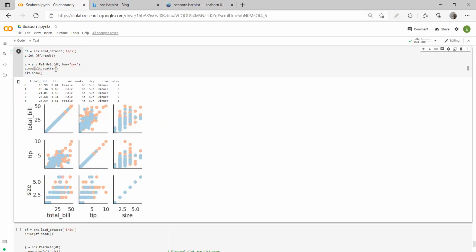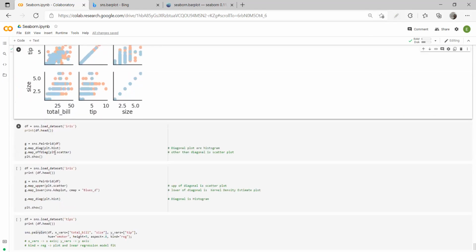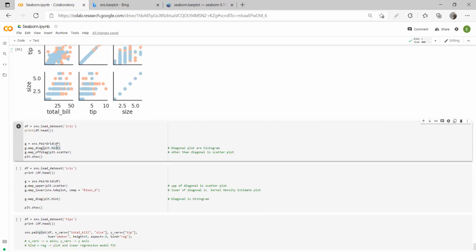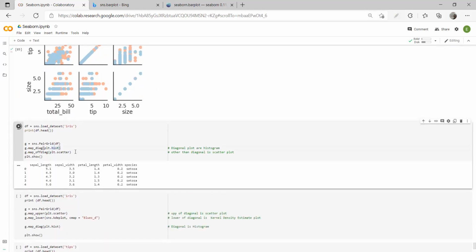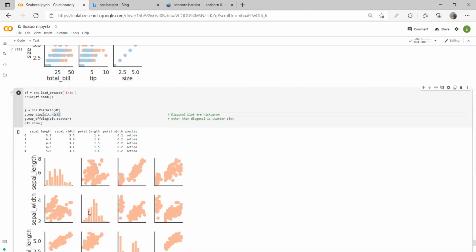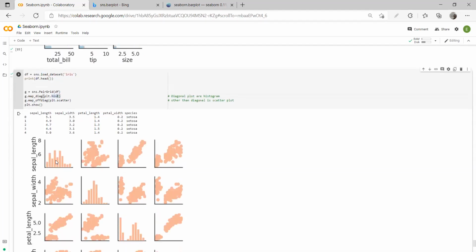So we have plotted a scatter plot with a pair grid and scatter, right? Over here, it is a little bit different because the diagonal was not giving much information. So what we have done is, on the diagonal elements, you have specified the histogram.